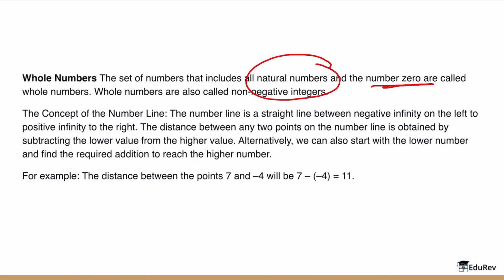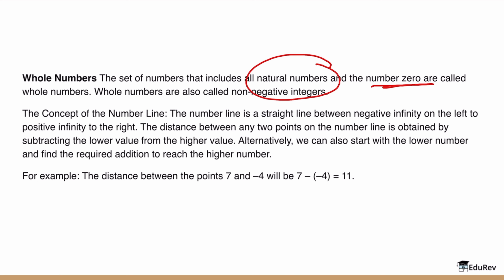Your natural numbers are all the integers which start from 1, including 1. Now if I add 0 to my set of natural numbers, I'm going to get whole numbers. So whole numbers are natural numbers plus 0.